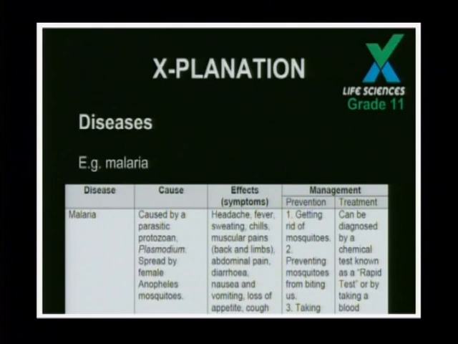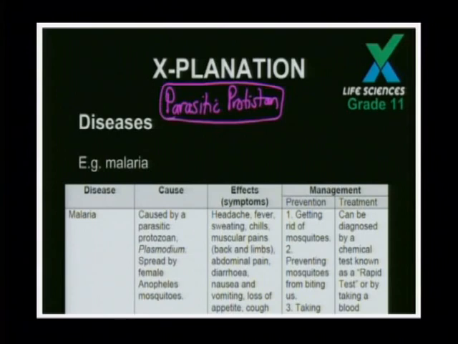A very, very interesting example of a protistan that we are going to look at is one that causes a disease. Now, this disease-causing organism is a parasitic protistan. Now, this parasitic protistan causes the disease called malaria.